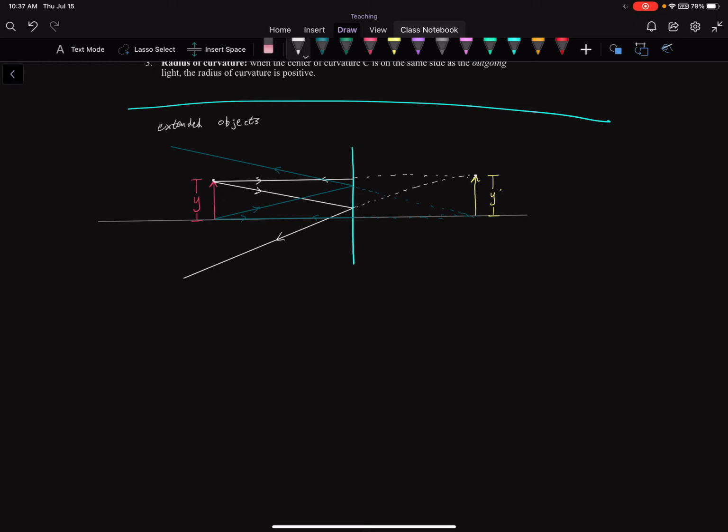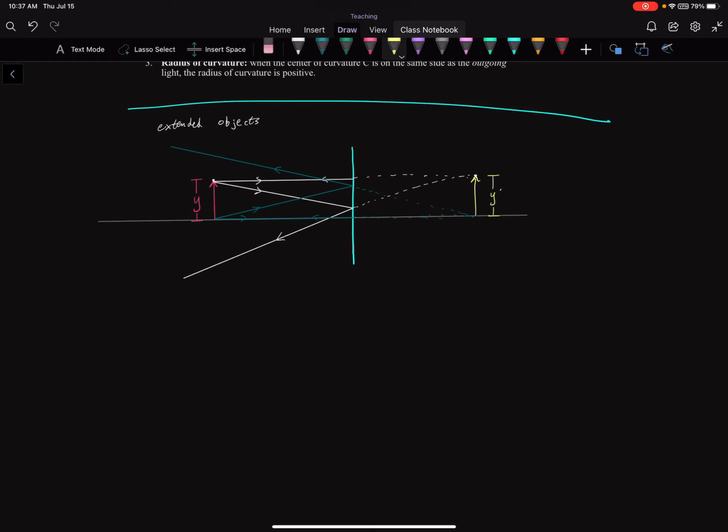If this weren't a plane mirror and it were some other refracting or reflecting surface, you might find that the image arrow is not the same size, and maybe twice as big, right? So that's going to be a theme: we're going to find out the object distance, the image distance, and the magnification of the image.